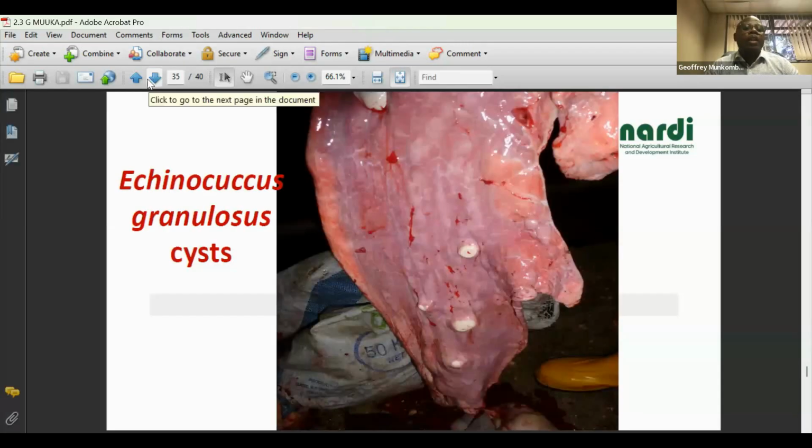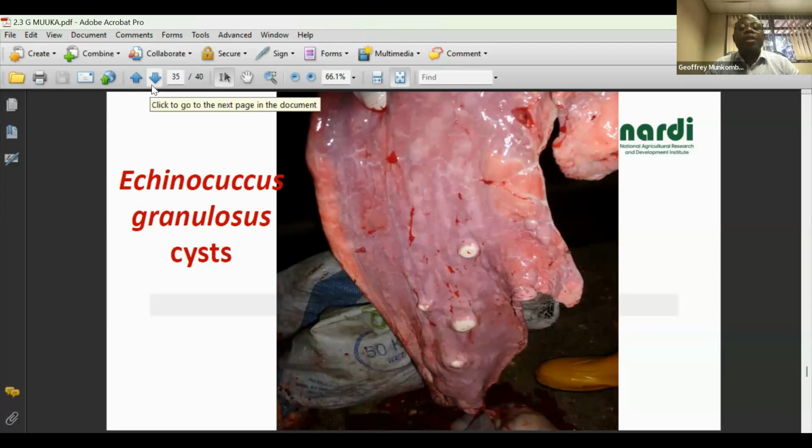This is Echinococcus granulosus cysts. You can see those minor cysts that you find there. And these cysts are very common, especially in areas where the use of anthelmintics is low. And for you to find them, sometimes you need to conduct very good palpation of the lungs as you conduct your examinations.